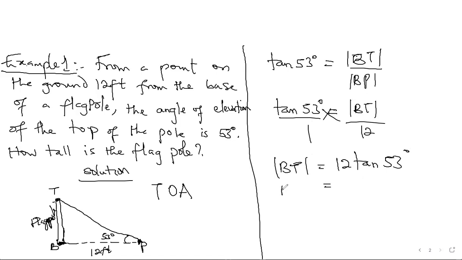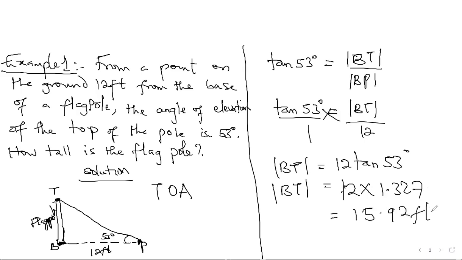And that will give us 12 multiplied by, okay, tan 53 will give you 1.327. So 12 times 1.327. So we multiply that by 12, then you have 15.92 feet. So that is the height of the flagpole.